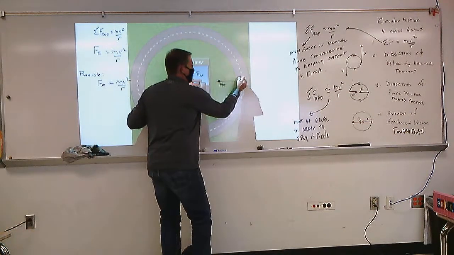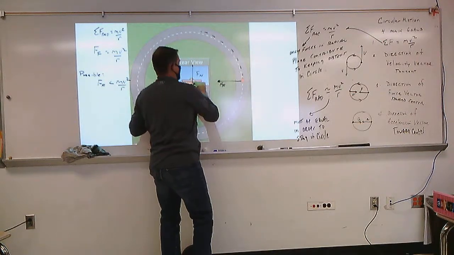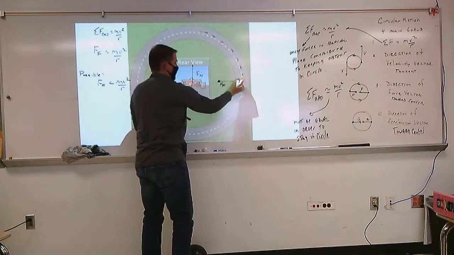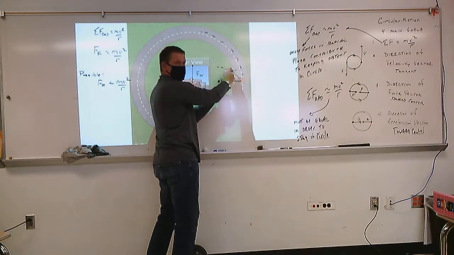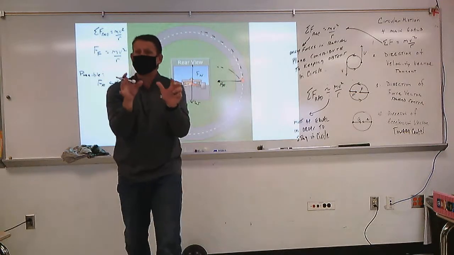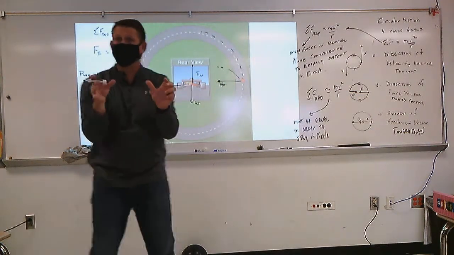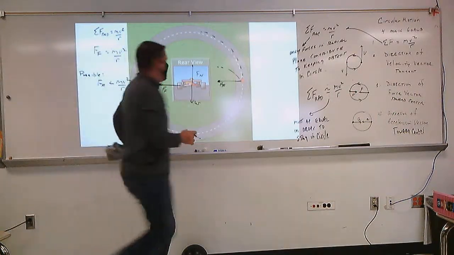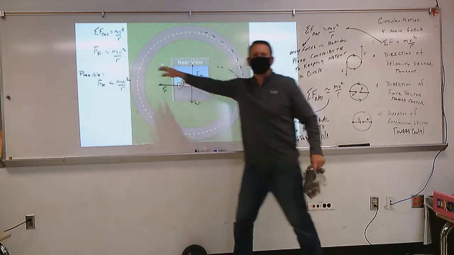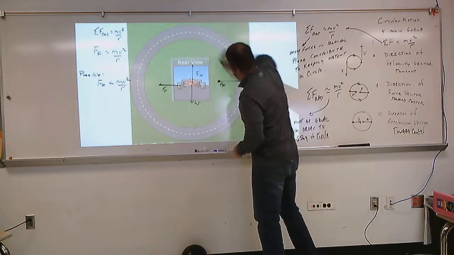So here's a turn with a particular radius, and here's a turn with a particular radius. Tighter turns have smaller turn radii. More gradual turns have a bigger turn radius. v squared and r do not determine how much friction there is between this car and the road.